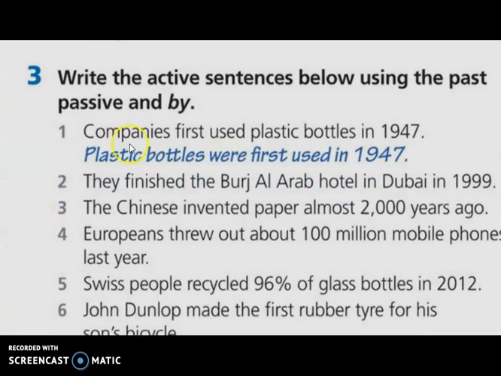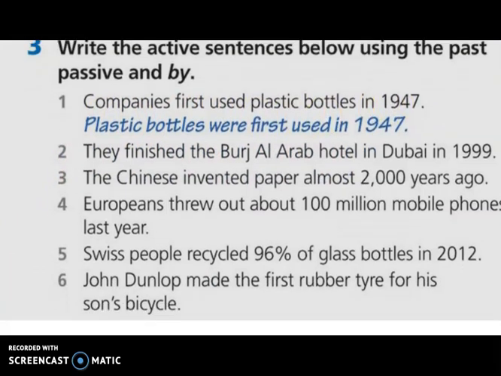We have an example. Companies first used plastic bottles in 1947. So the object here is the plastic bottles. We have to put it at first in the passive sentence. So plastic bottles were, we used were because bottles, a plural noun, were first used in 1947.